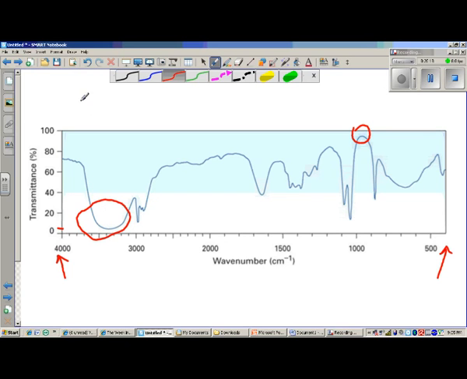You'll find that single bonds, whether that's CH, OH, NH, those tend to absorb around 3,000, maybe just below 3,000 wave numbers and above. So this is the kind of area for single bonds. And double bonds tend to absorb slightly lower down, and then triple bonds tend to be a little bit lower down too.